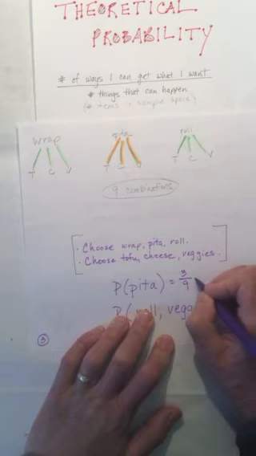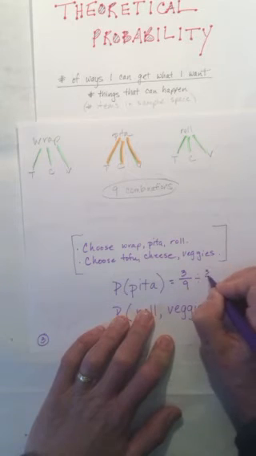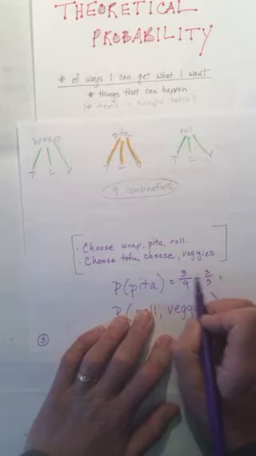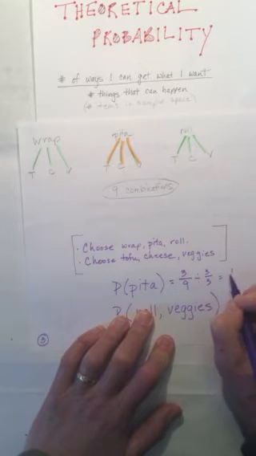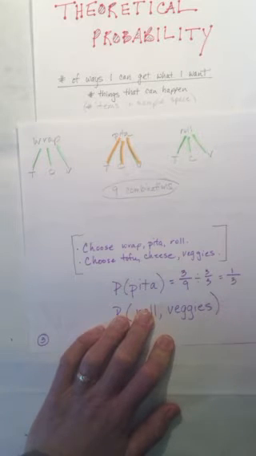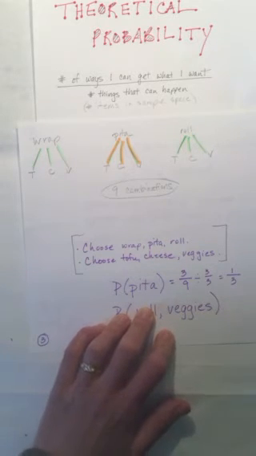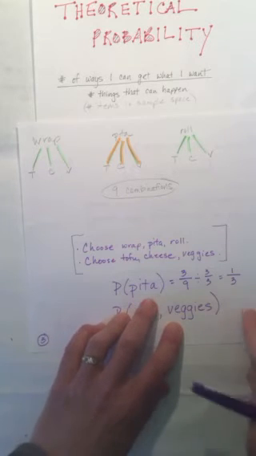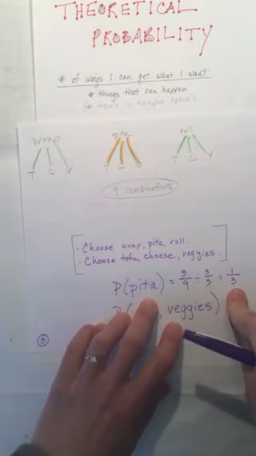And we can simplify this fraction by dividing top and bottom by 3 over 3. 3 divided by 3 is 1. 9 divided by 3 is 3. So the simplified theoretical probability of getting pita is 1 out of 3.